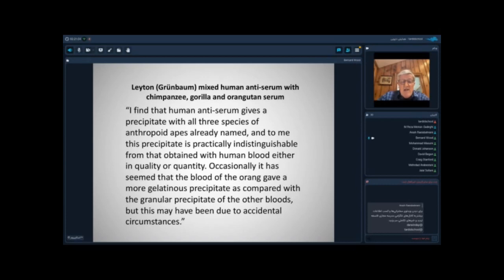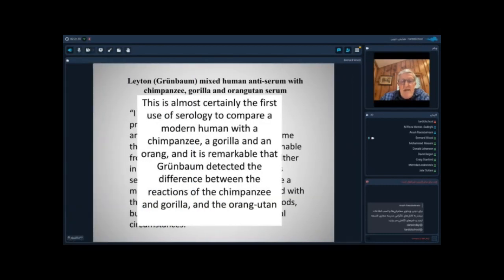But this may have been due to accidental circumstances. So he sort of said, it may have been my fault. But basically, this is certainly the first use of serology to compare a modern human with a chimpanzee, a gorilla, and an orang.